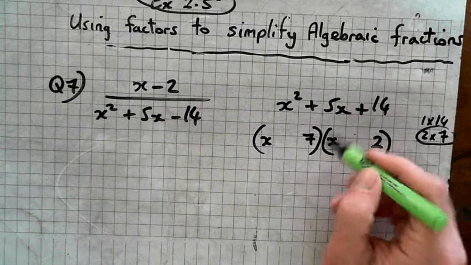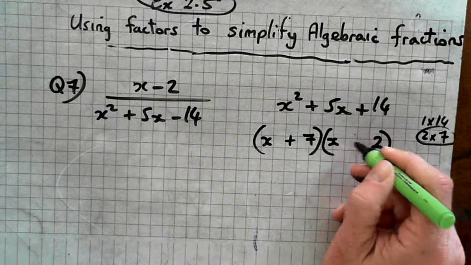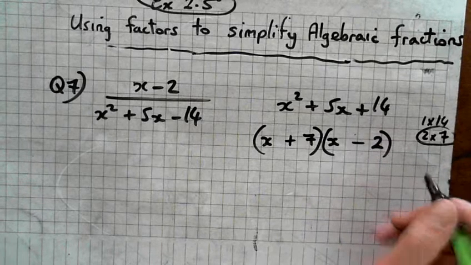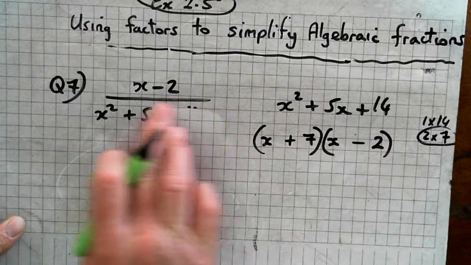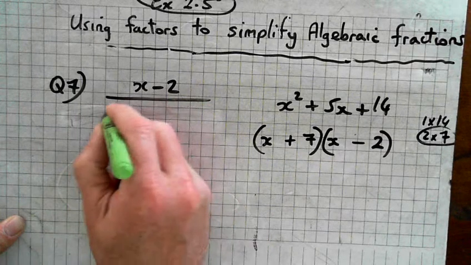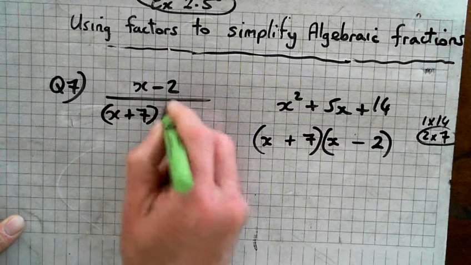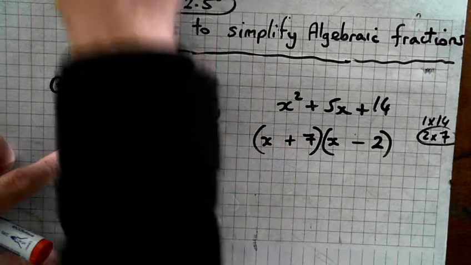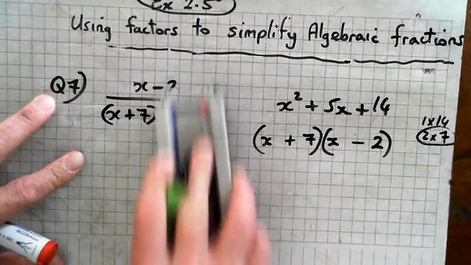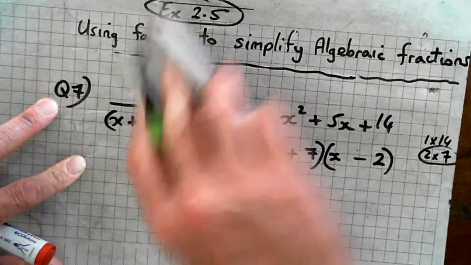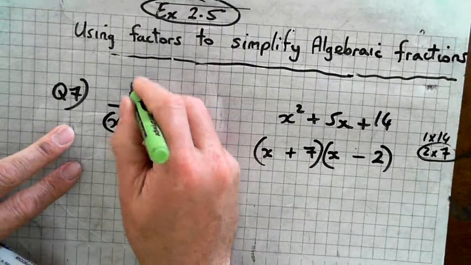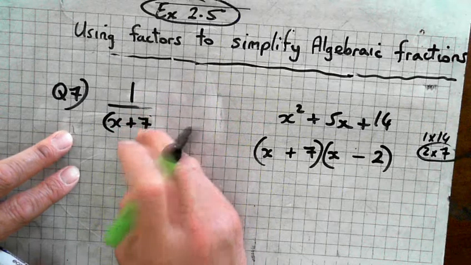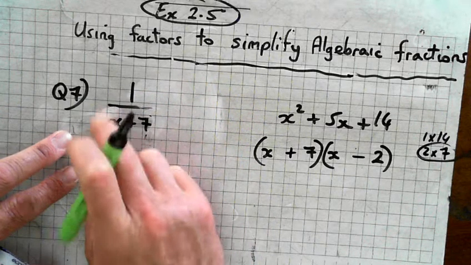How do I get plus 5? Plus 7 minus 2. So I replace this with x plus 7, x minus 2. Again, x minus 2 and x minus 2 cancel each other, but the x plus 7 is left underneath the line, so what do I put on top? 1 over x plus 7, and that's the answer.